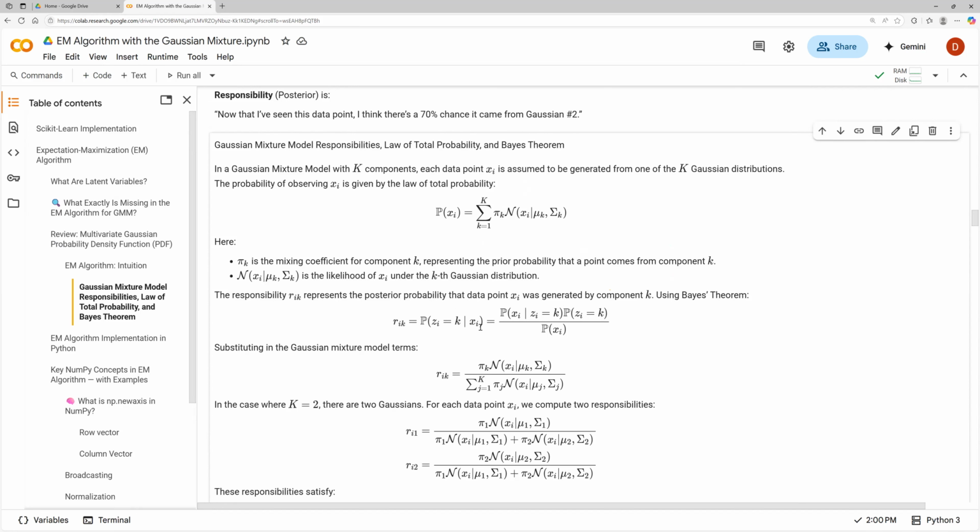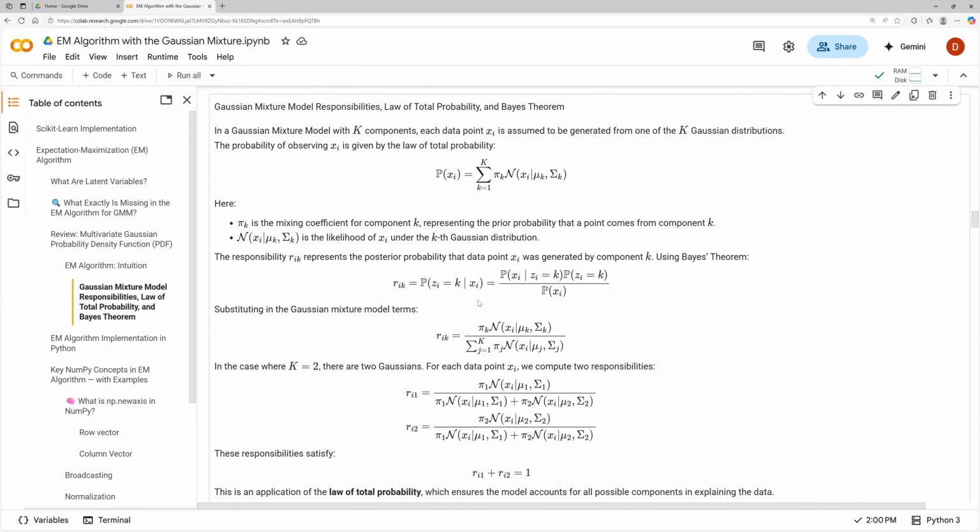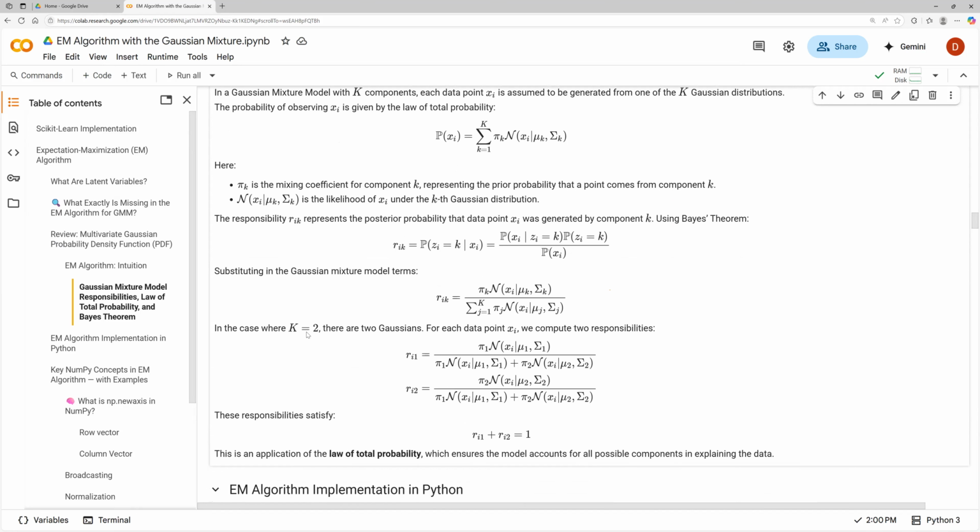If you look at this, this is Bayes' theorem. We've got our posterior probability and our prior probability. And if we substitute the Gaussian terms, we get this expression. We've got the prior probabilities here, the mixing coefficients, the multivariate normal, and then the law of total probability. If we say there are 2 components, we can expand the term out.